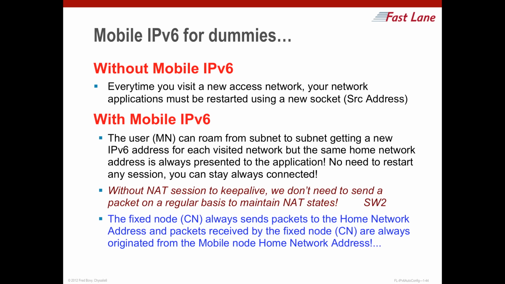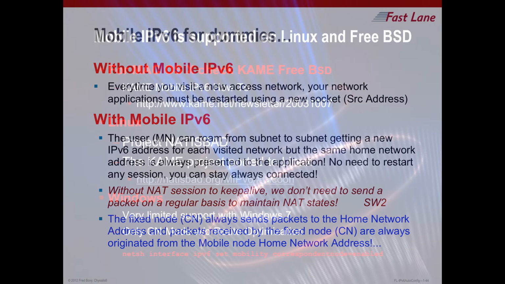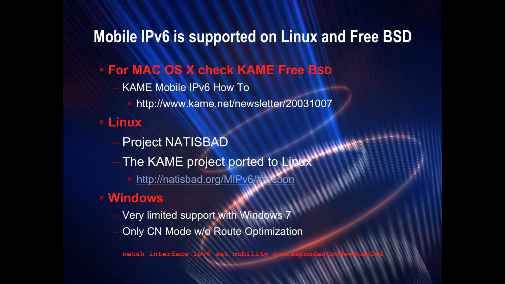With mobile IPv6, you get a temporary address every time you move to a new location, but thanks to mobile IPv6 processing, we will see that the applications still believe that the mobile node has not moved and is still on its mobile home address.